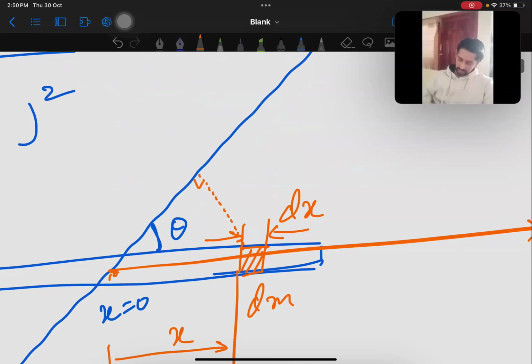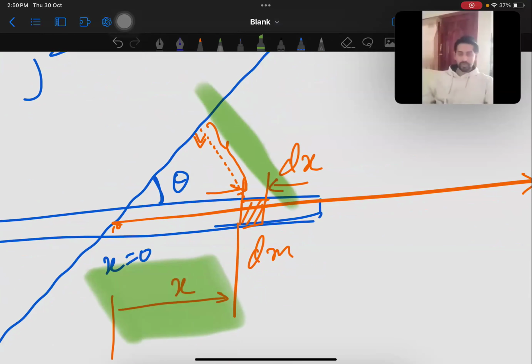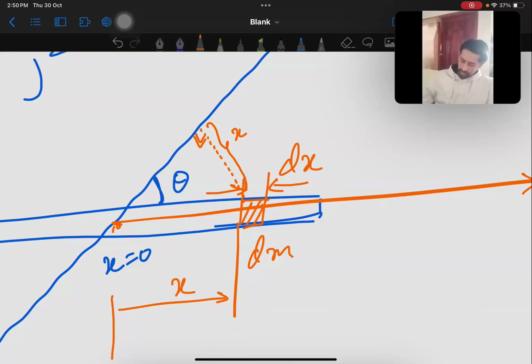How much is this distance from that axis? We notice that the hypotenuse over here is nothing but x, right? For this triangle. So the component of x in this direction would be which component? x cos theta would be this one. x sine theta would be this one, and that's all. So over here we can write that this is nothing but equal to x sine of theta.